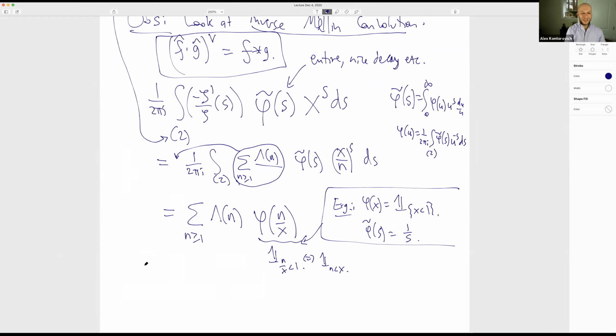In other words, this function would be a sum over n less than x of the von Mangoldt function. In other words, it's a sum of log 2 plus log 3 plus, well, let's see a graph of this.